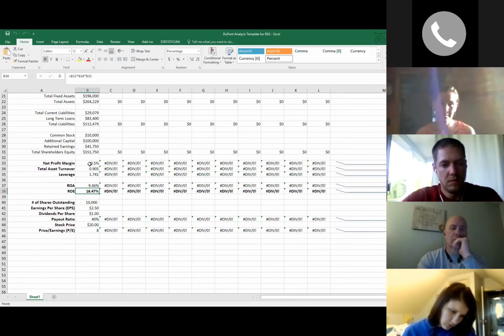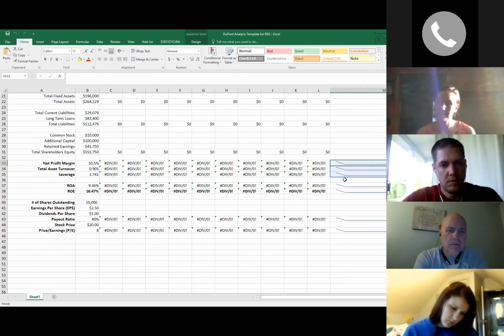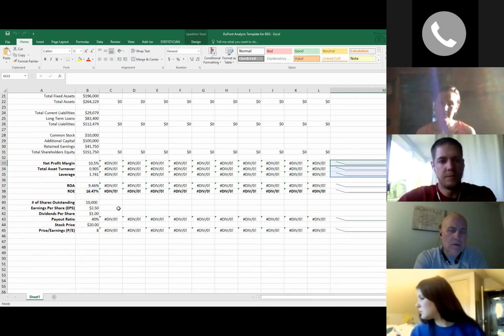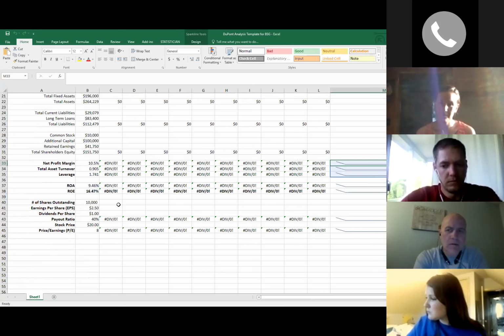For example, the net profit margin, total asset turn, leverage are all calculated for you after you've entered the basic financial statement data. And there's some sparkline charts out here that will show changes in trends without you having to create a graph for those.